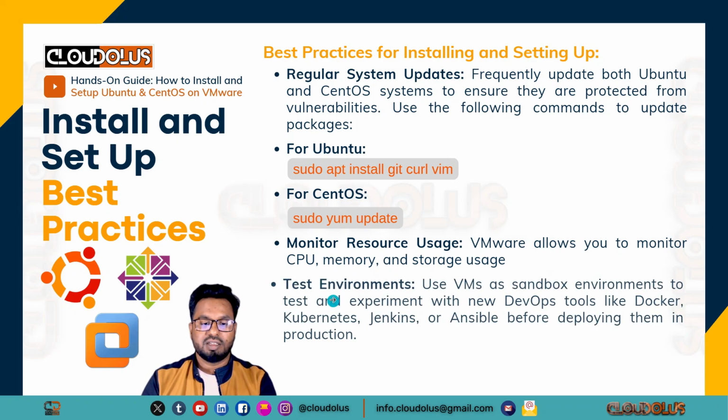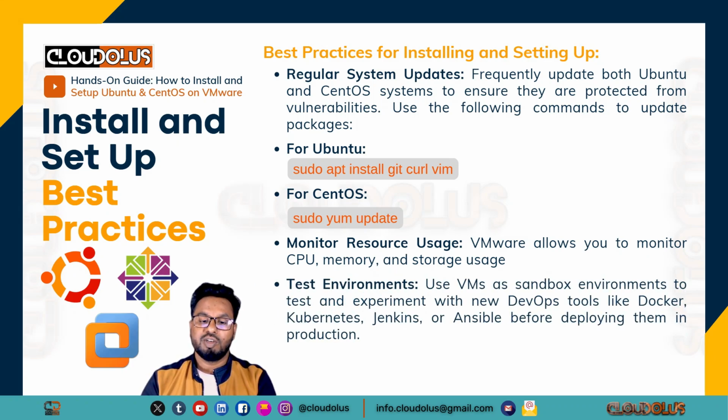And then next, test environment. Before going to your production environment, you definitely need to test your application. For that, use VMs as sandbox environments to test and experiment with new DevOps tools like Docker, Kubernetes, Jenkins and Ansible before deploying them in production. These are the best practices, also very important for installation based on Ubuntu and CentOS.